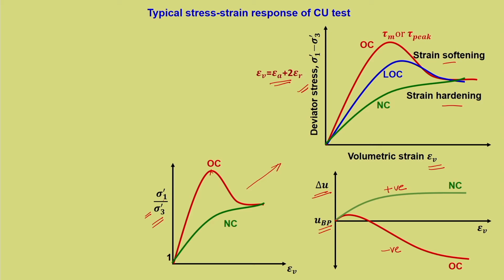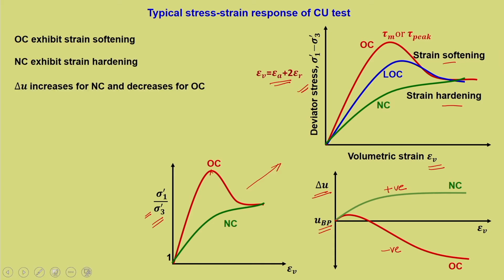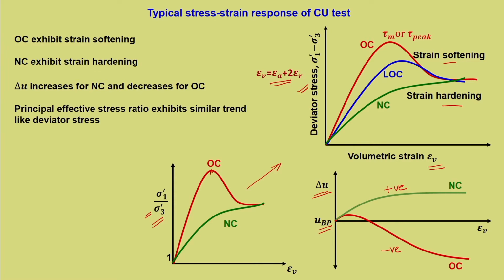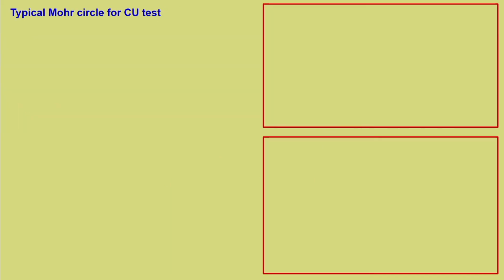Because we are starting from an isotropic stress condition. So, OC exhibits softening behavior, NC exhibits strain hardening, delta U increases for NC and decreases for OC. Principal effective stress ratio exhibits a similar trend like deviatoric stress.